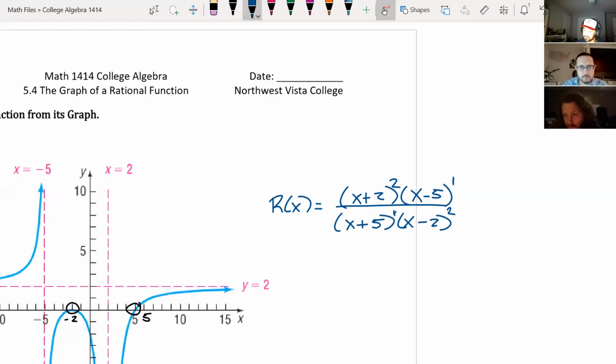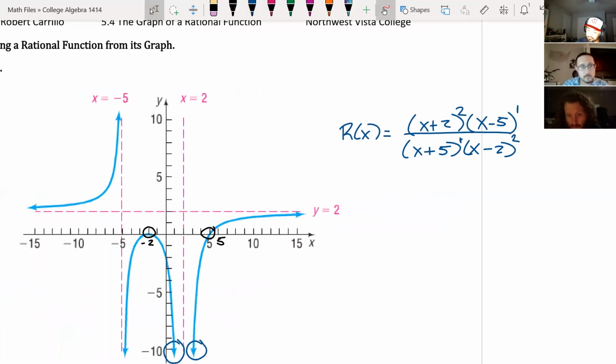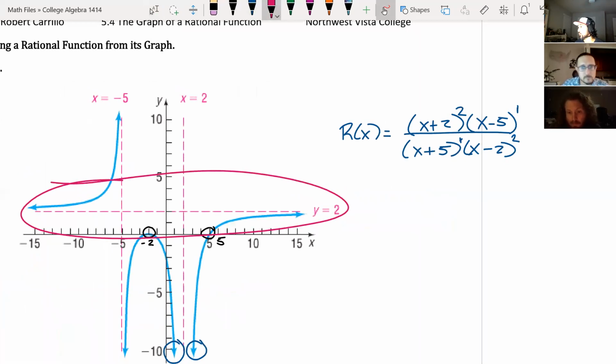The next thing to cover is our horizontal asymptote. y equals 2. So remember that if we get anything other than 0, what rule are we dealing with? Rule 1 or rule 2?